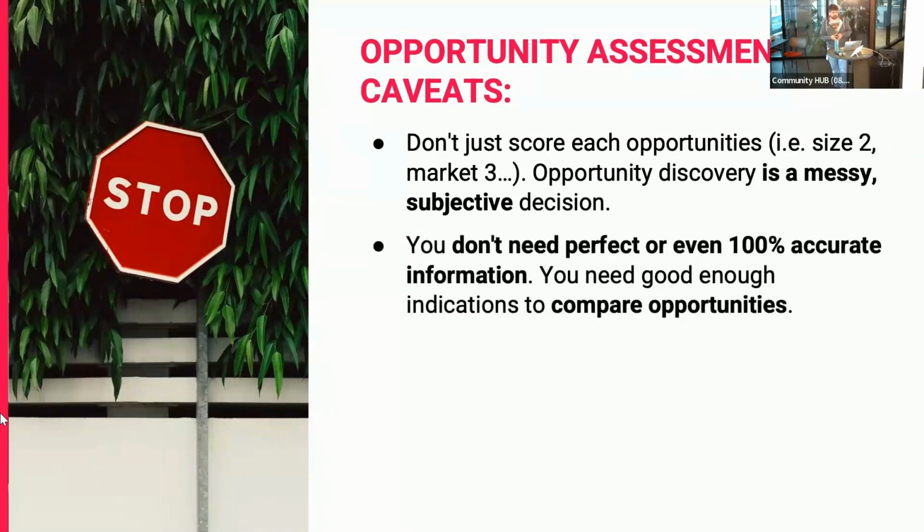Also, you don't need perfect or even 100% accurate information. You just need good enough information to compare these opportunities. Again, this is not rocket science. If you were at SpaceX, yes, this is rocket science, but that's not.